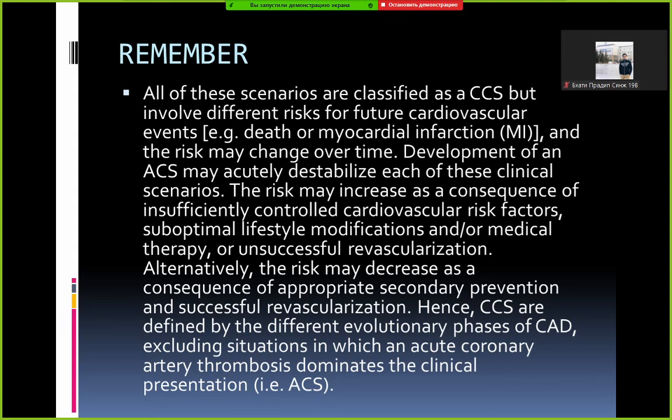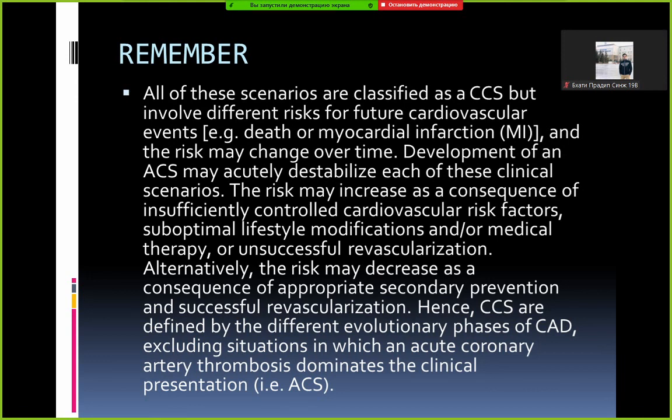The risk may increase as a consequence of insufficiently controlled cardiovascular risk factors, suboptimal lifestyle modifications and or medical therapy, or unsuccessful revascularization. Alternatively, the risk may decrease as a consequence of appropriate secondary prevention and successful revascularization.